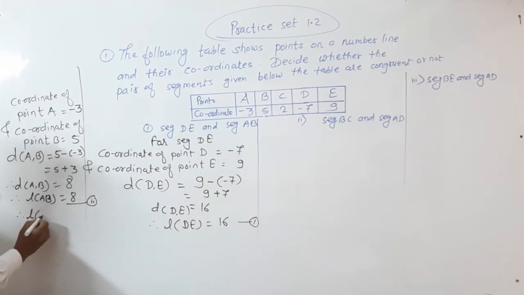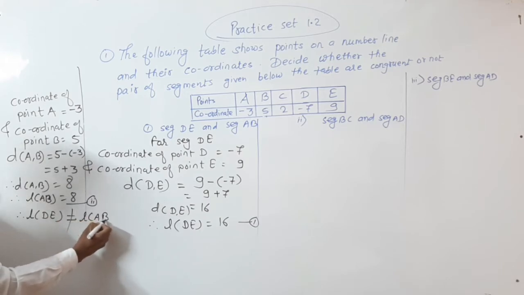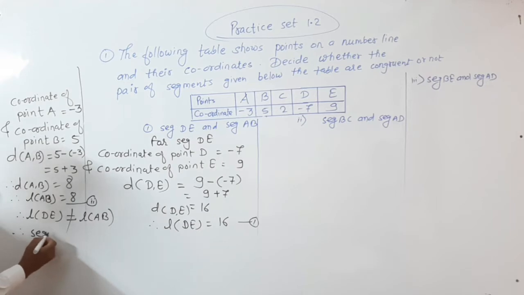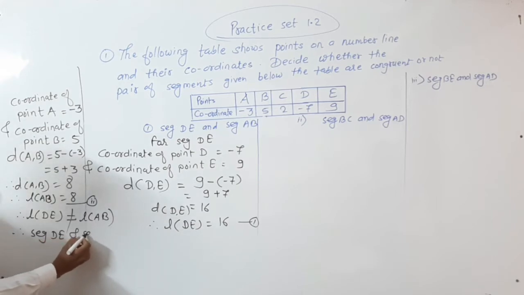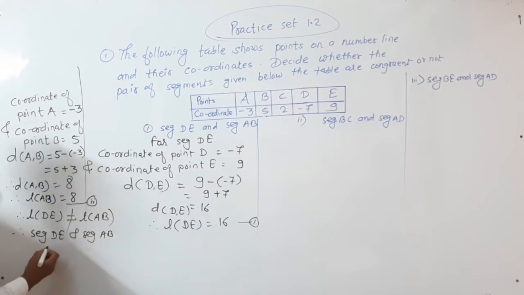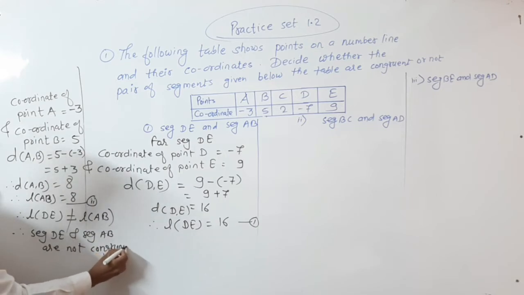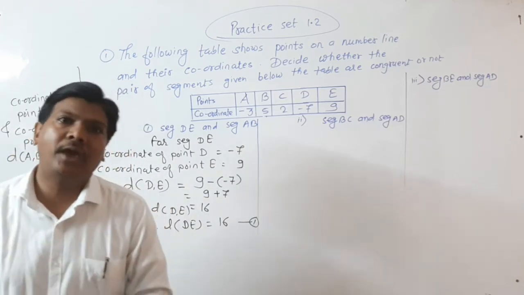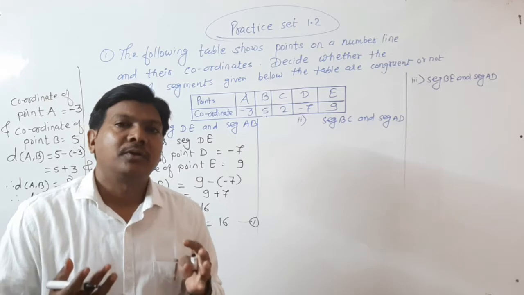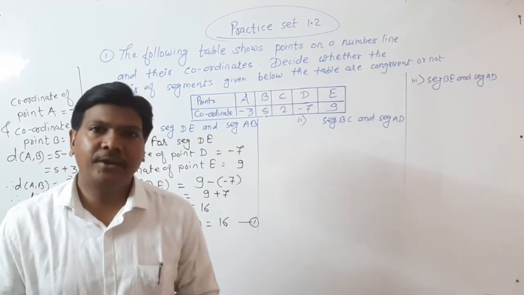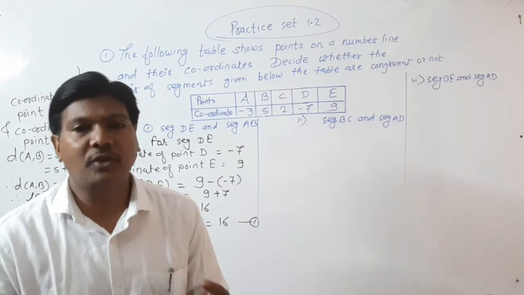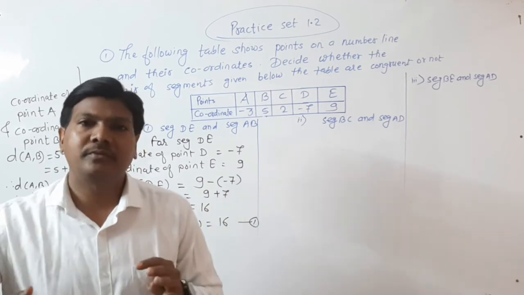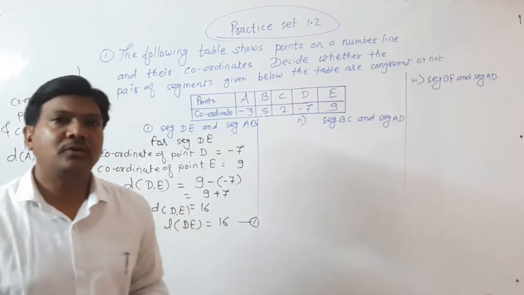So we write length DE is not equal to length AB. Therefore, we write segment DE and segment AB are not congruent. Is it clear? So how do you find out whether the given segments are congruent or not? Find their distances. If the distances are equal, then say the given segments are equal; otherwise say it is not congruent.